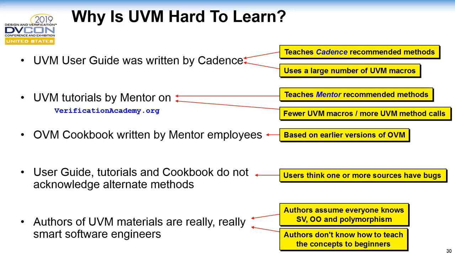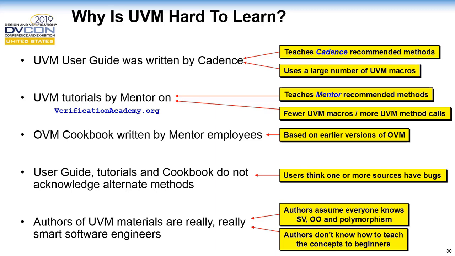It's using the Cadence recommended methodologies. And then you've got the Verification Academy tutorials out on the Mentor webpage. And this teaches more of the Mentor styles, fewer macros, more of the methods, using the methods instead. And then some of us also found the old OVM cookbook. There was an earlier version also written by Mentor employees.